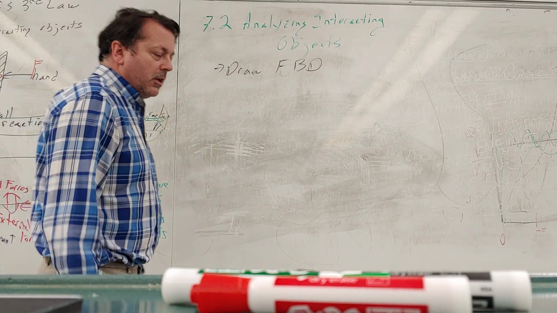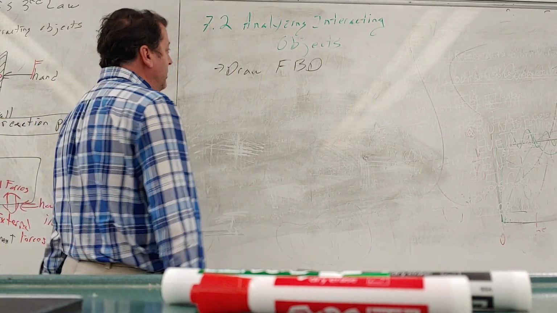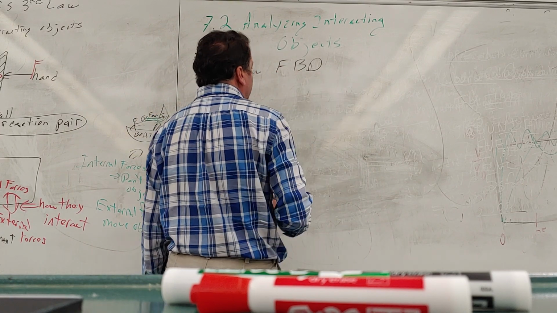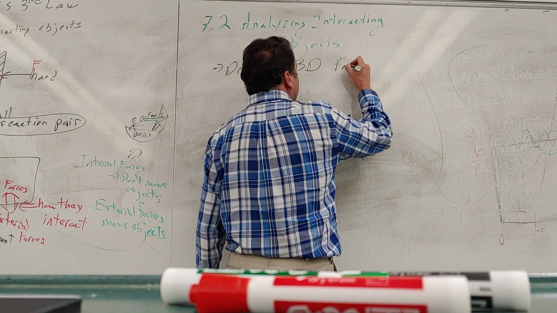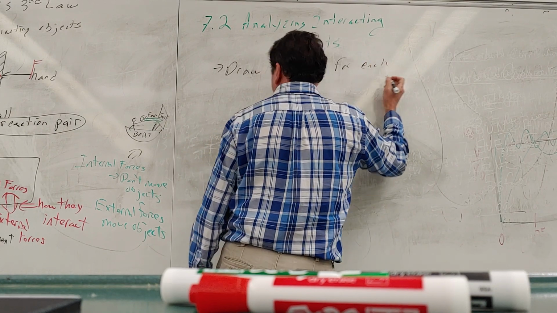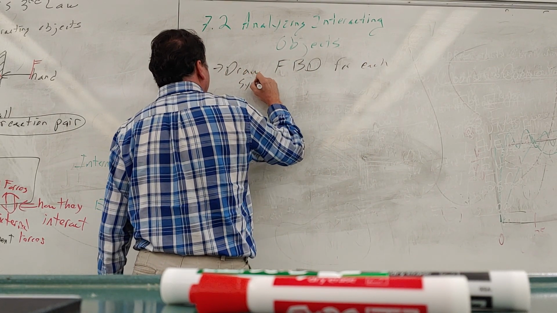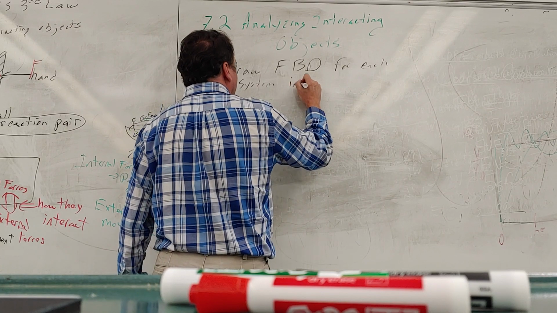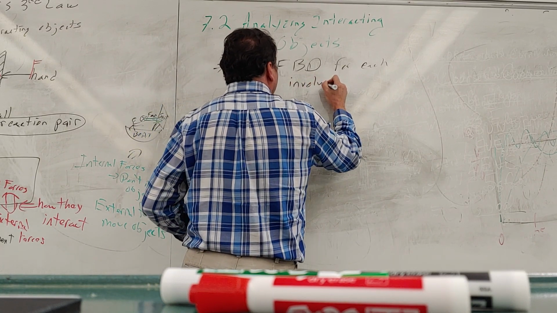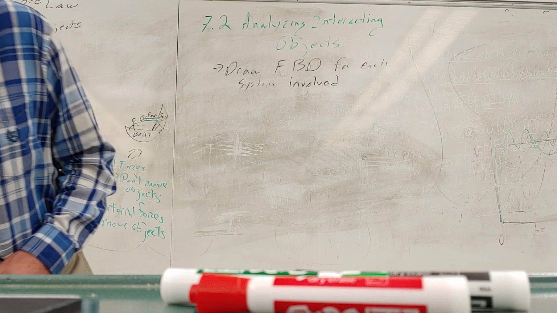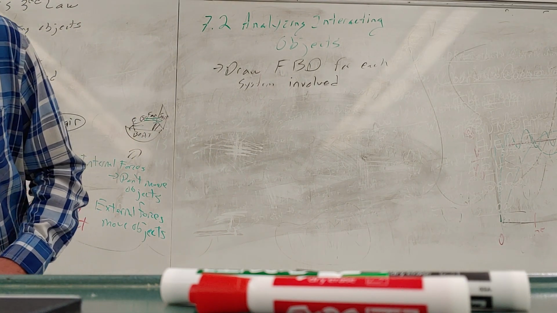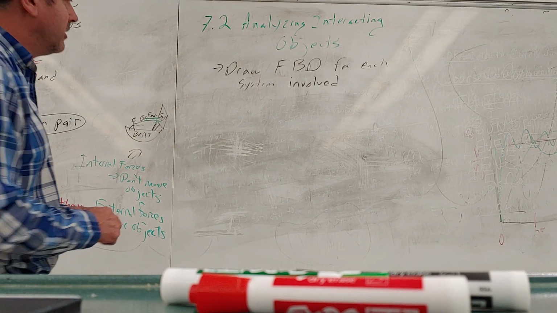FBD is okay with me. So you draw an FBD, a free body diagram, for each system involved. And they use one in the book, somebody pushing a crate.